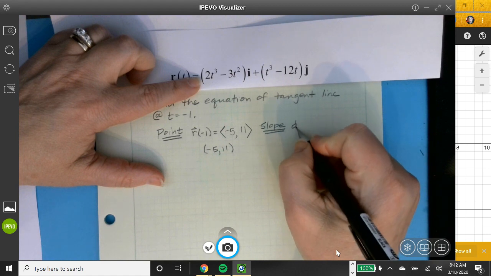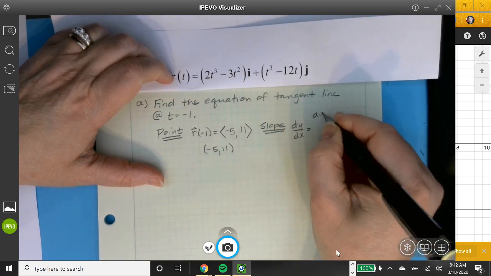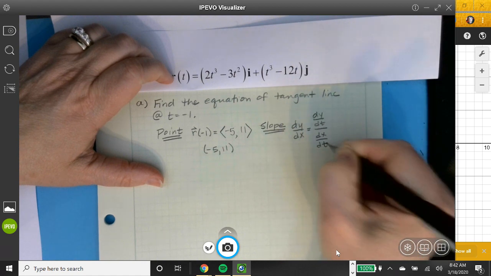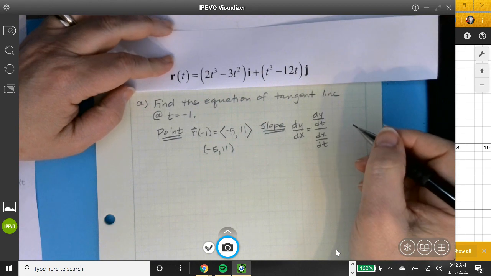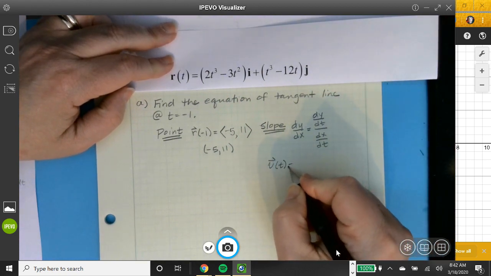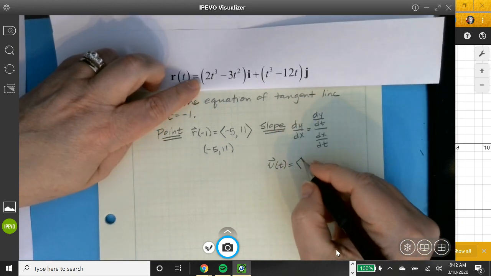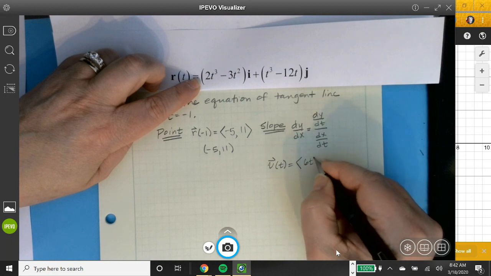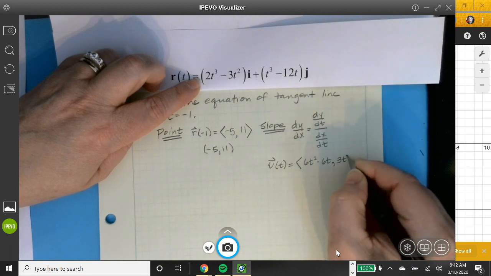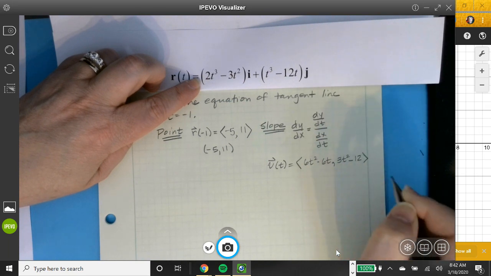And the slope is going to be dy dx is equal to dy dt over dx dt. Well, I don't know what those two things are, so let's figure out what the velocity vector is. Well, it's just the derivative of the component parts, which would be 6t squared minus 6t, comma, 3t squared minus 12. All right?